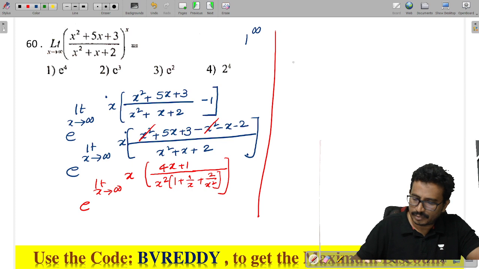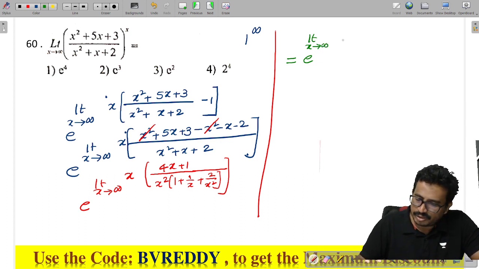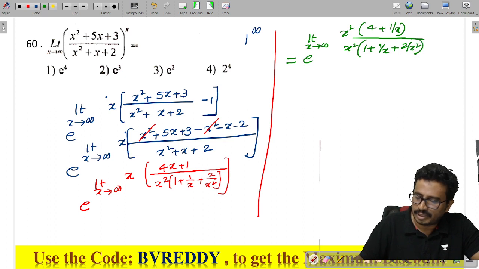So which is given as e power limit x tends to infinity. In the numerator also x square common, then it will become x square into 4 plus 1 by x, by x square in the denominator 1 plus 1 by x plus 2 by x square. x square will get cancelled, so what are we left with here, tell me, 1 by x is 0.